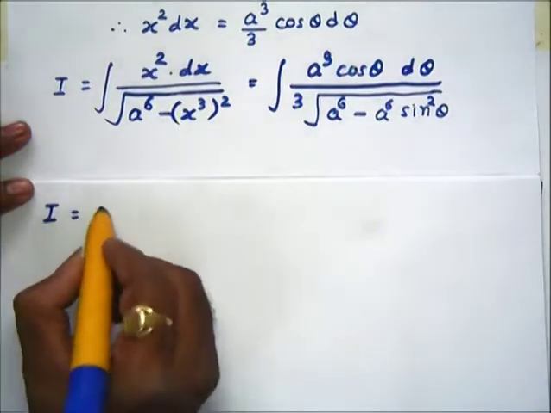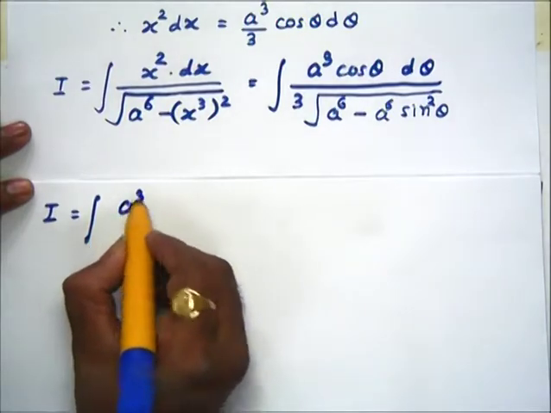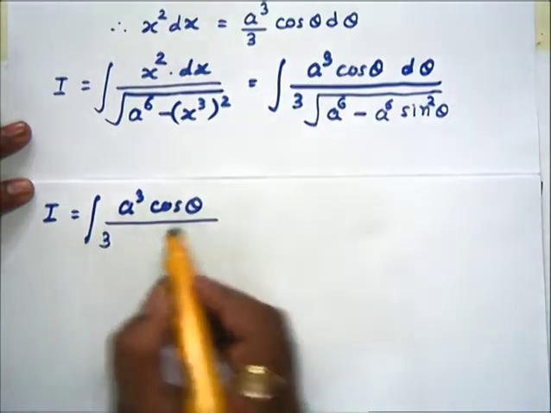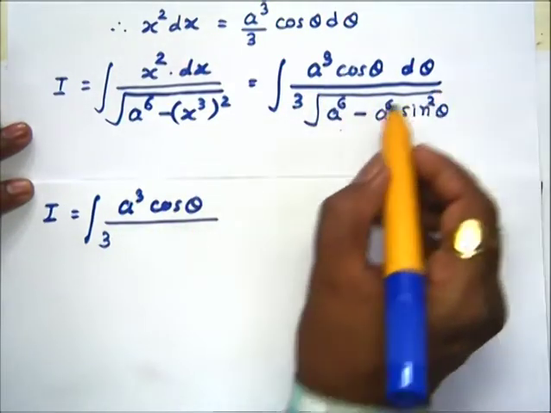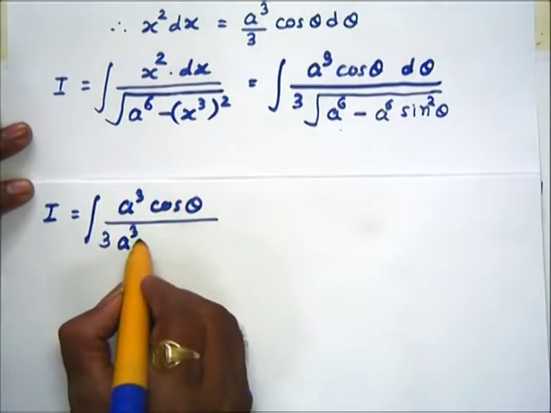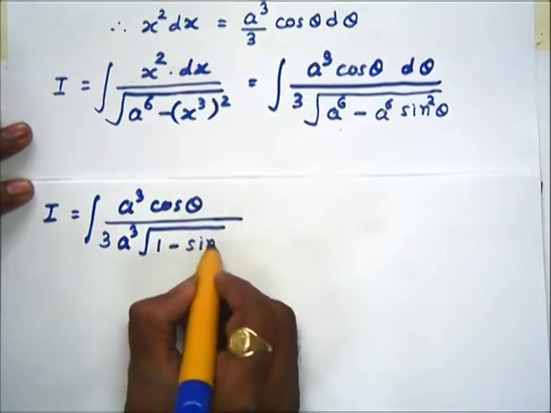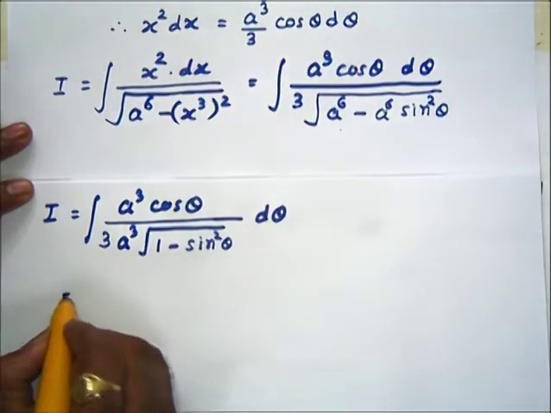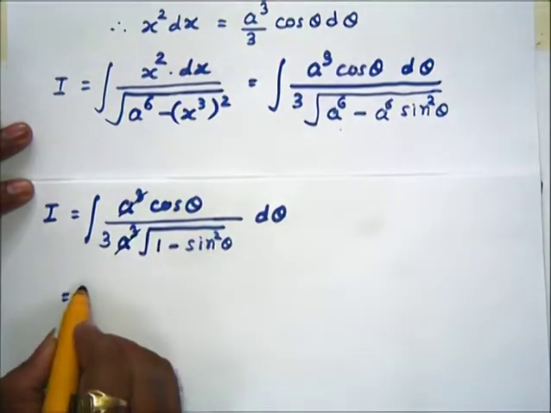Therefore I equal to integration a cube cos theta upon 3. You can take a raised to 6 outside, and this is square root, so a cube will be taken common, and in the square root 1 minus sine square theta d theta. A cube will be cancelled out. 1 upon 3 is constant.